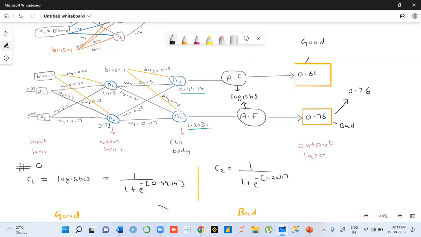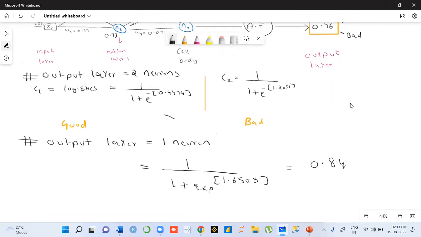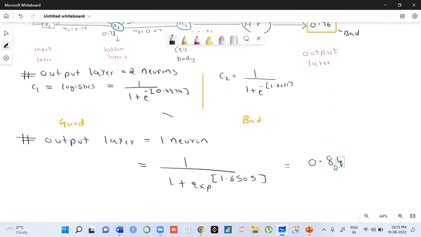So here we can say output layer with 2 neurons, meaning give me a separate answer for 0 and a separate answer for 1. Ye clear ho gaya? If I do it this way, output layer with 1 neuron. What is the answer? 0.84.